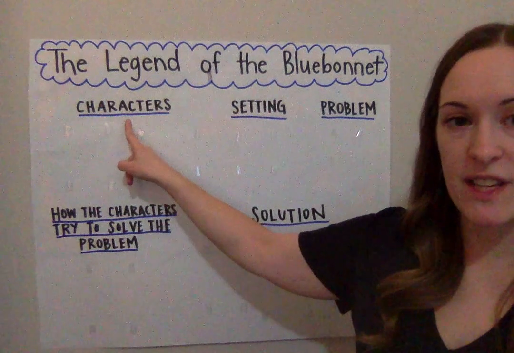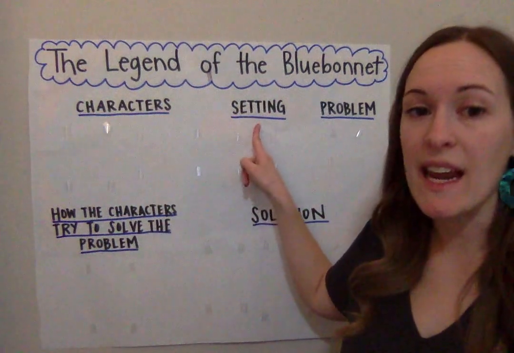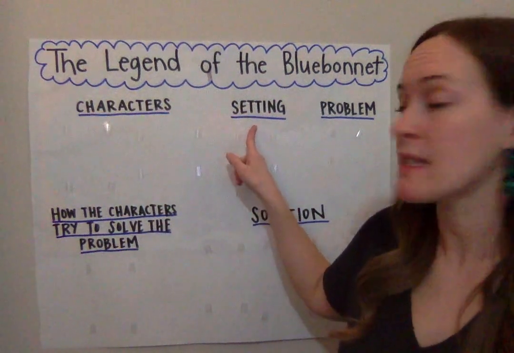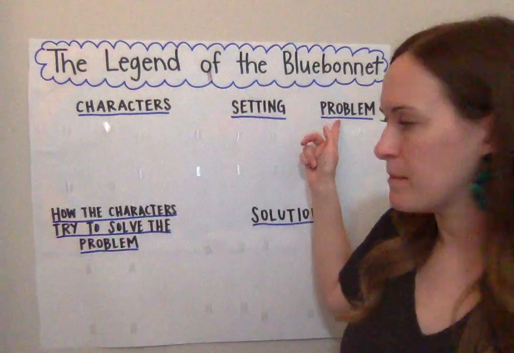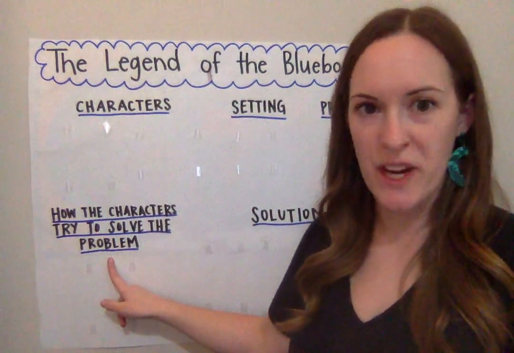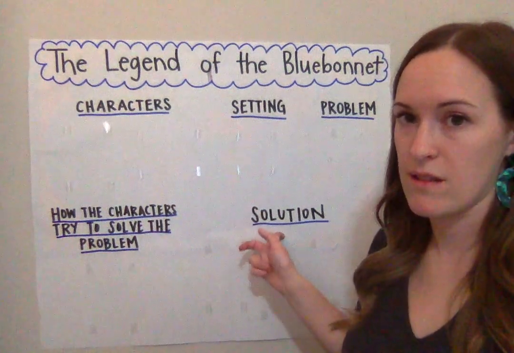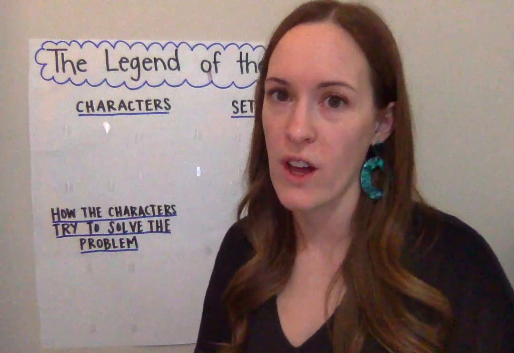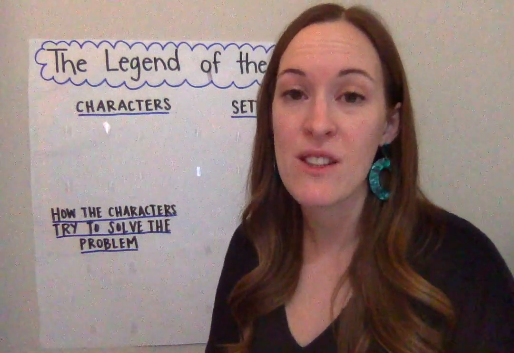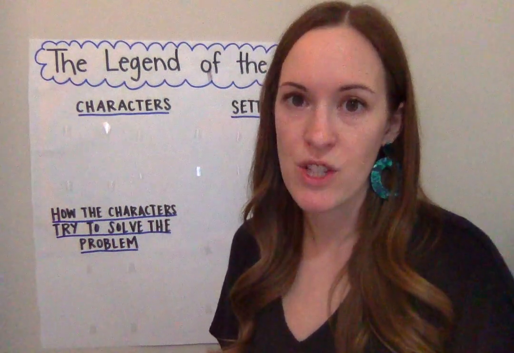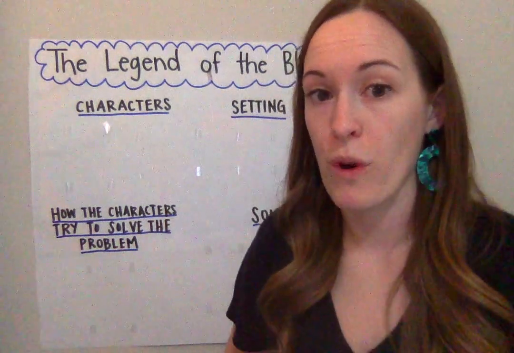A great retell includes the characters in the story, the setting or where the story takes place, the problem, how the characters try to solve that problem, and then the solution. So I know that you are all such great readers and you're so good at listening to what happens in the story and thinking about how you can retell it in your own words. And that's what we're going to practice doing today.